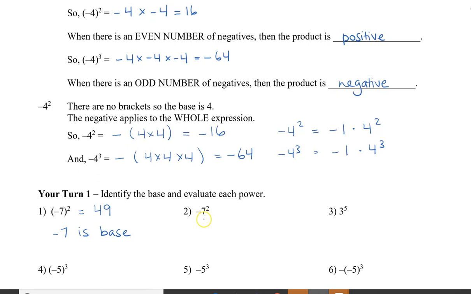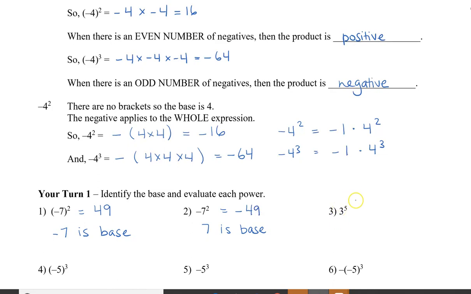In example 2, the base is only the 7 because there are no brackets actually. So 7 is the base. And that means that we have 7 times 7, and then we still have a negative sign. So this one's going to be negative 49.